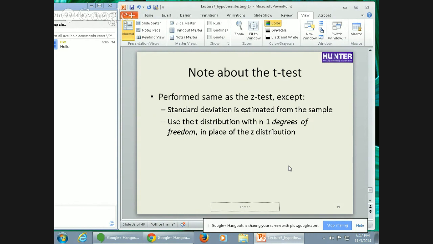There are 4 things: type 1 error, type 2 error power, sample size, and the true difference between your study population and your null hypothesis population. And given any 3 of those, you can calculate the 4th one. And that's what you do in power calculations.